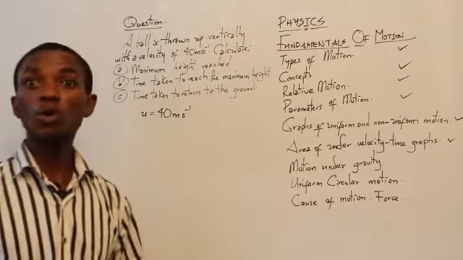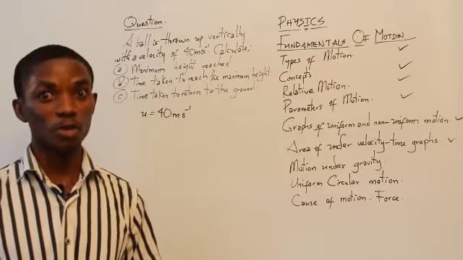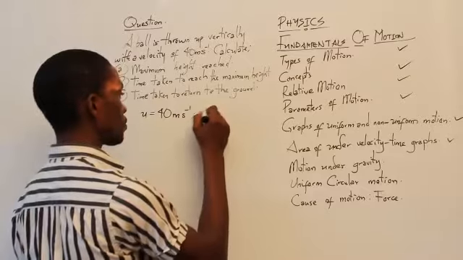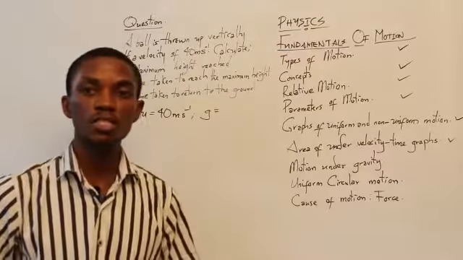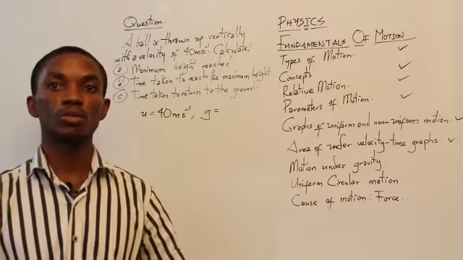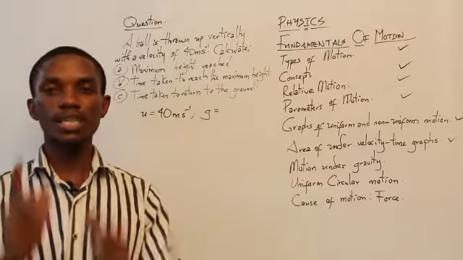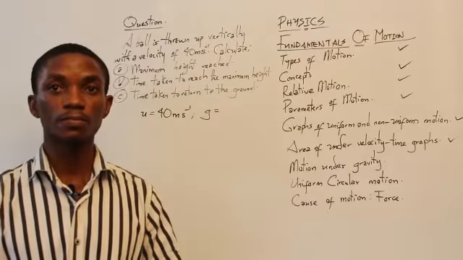The second thing which we know, but we're not told, but we know. That is G. How do we know we need G? Because it is fired vertically upward. So when you fire something upward, the force that would act on it definitely is an acceleration force from gravity.